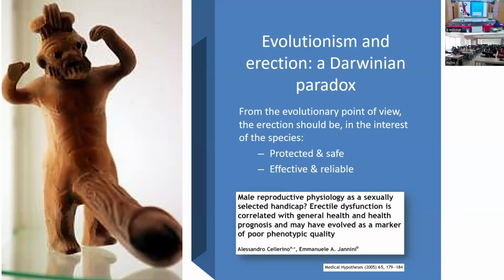The Darwinian paradox is that one. From the Darwinian perspective, anything which is related to reproduction must be very protected, very safe, very effective, very affordable, very reliable. Is it the case of the human erection?